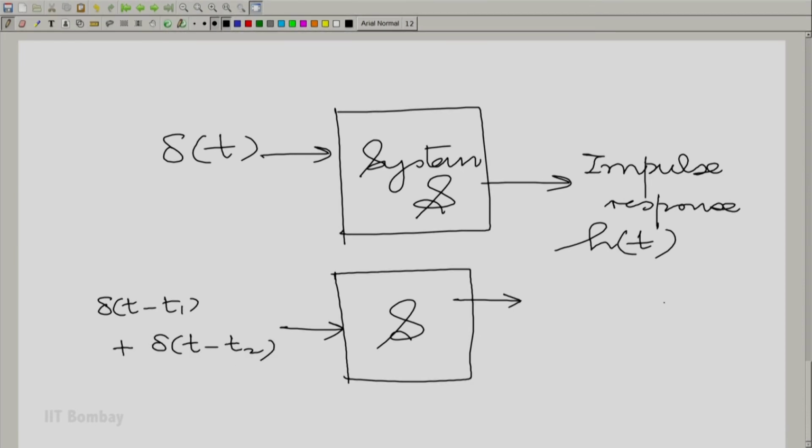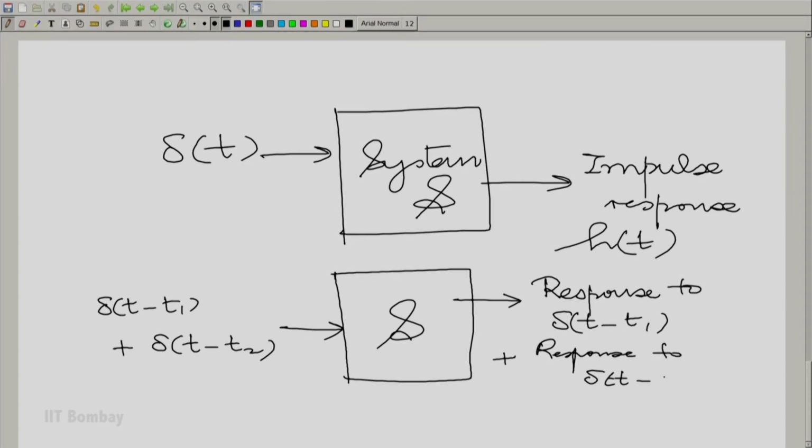What is the output expected because of additivity? The output should be the response to whatever happens when you apply an impulse located at T1 plus the response to whatever happens when the impulse is located at T2. At the moment, we can't say much unless we use the other properties.